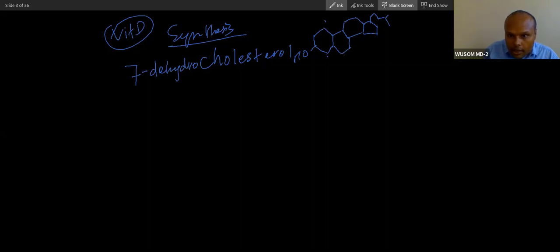So this is 7-dehydrocholesterol. There is a double bond here, and this type of double bond in the cholesterol is utilized for synthesis of vitamin D.